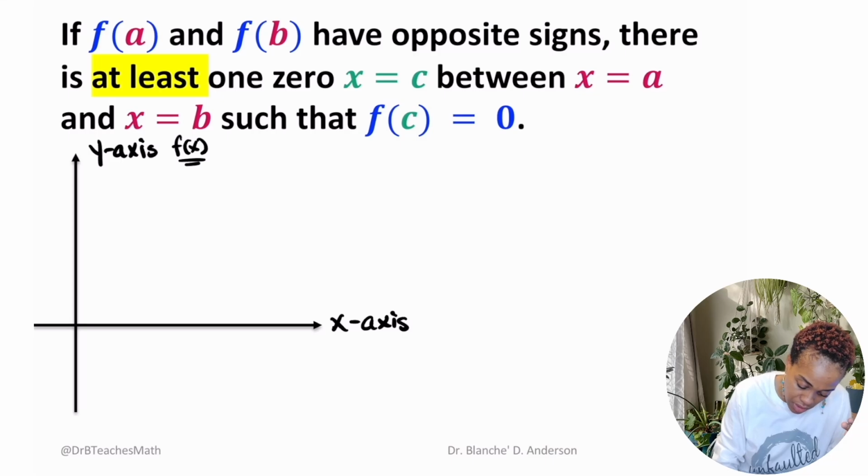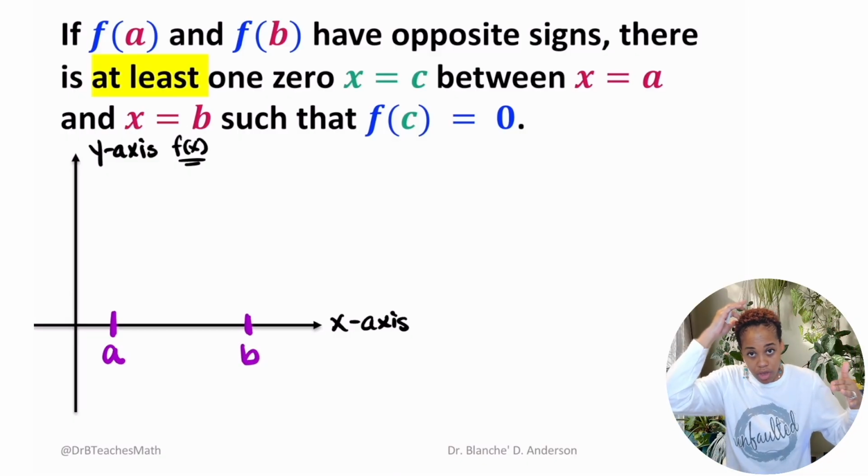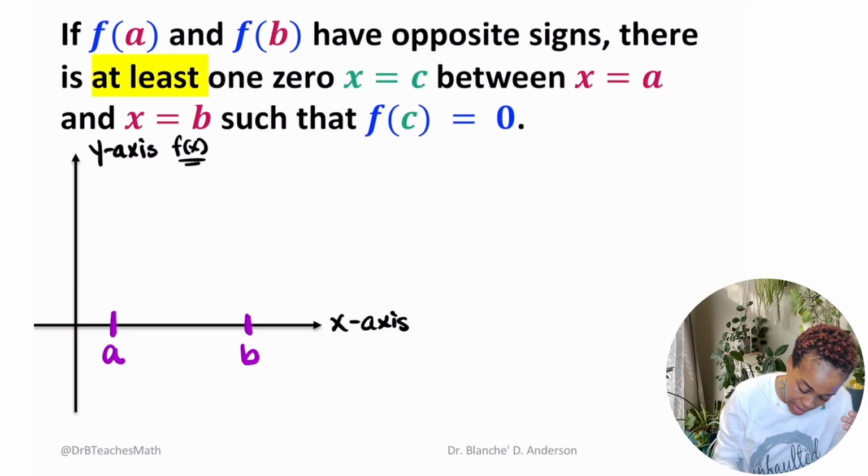Let me show you. If this is my x-axis, I'm going to say this is my a point and this is my b point, because on your x-axis you have all these numbers, right? If I pick a point up here on the y-axis, let's say here, and then I pick a point right here.